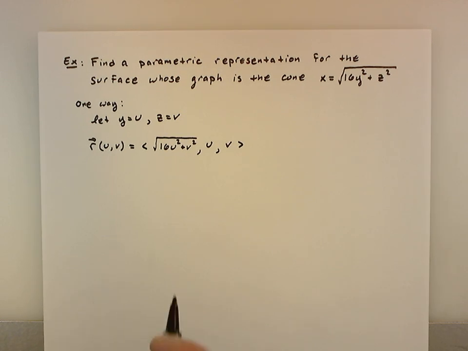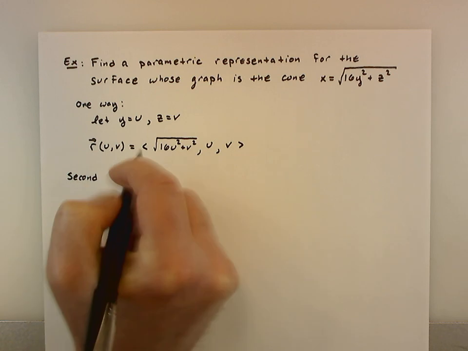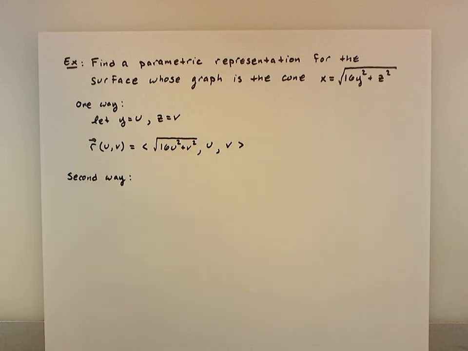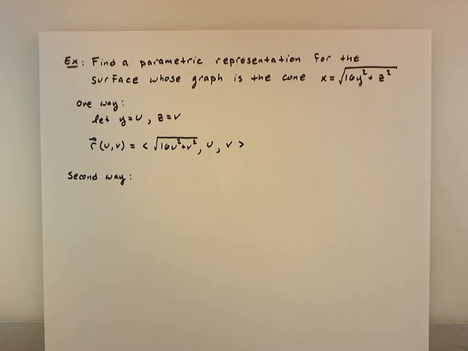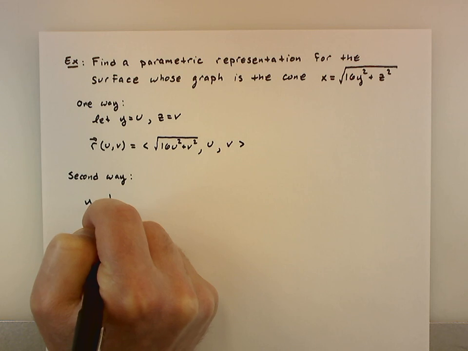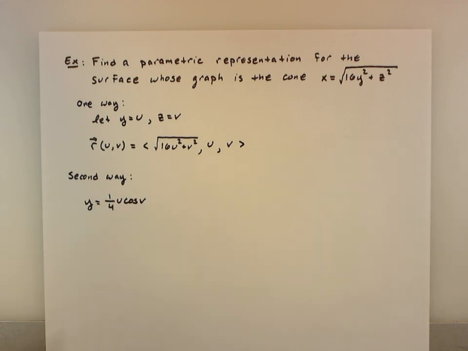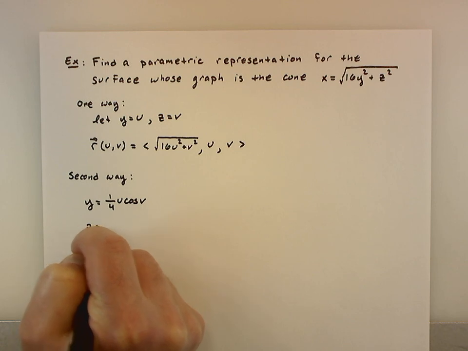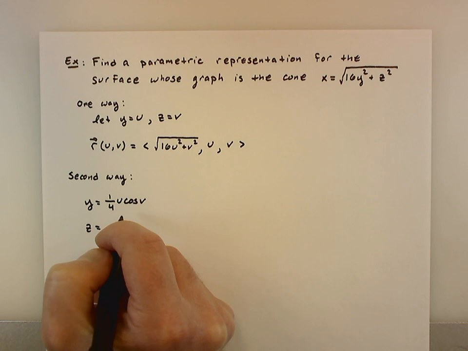The second way is if I let y equal 1 over 4 u cosine v and z is equal to u sine v.